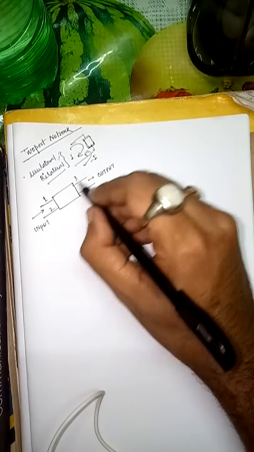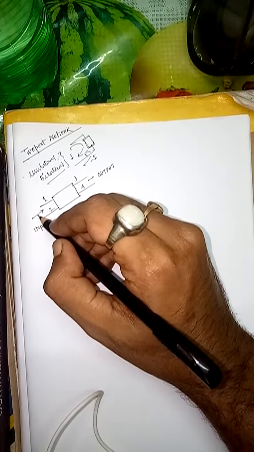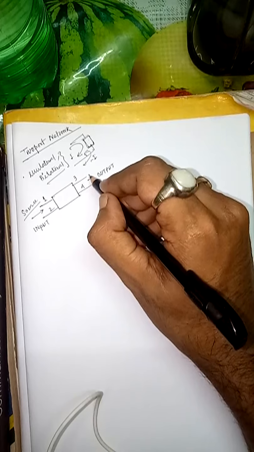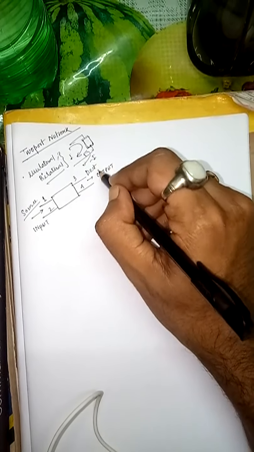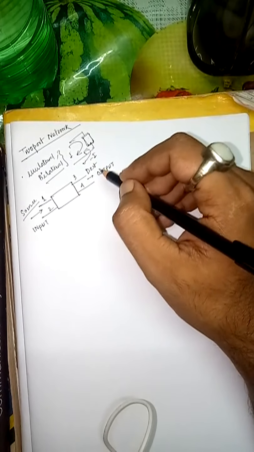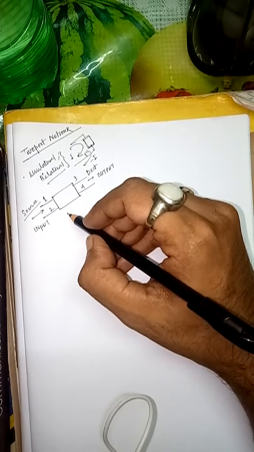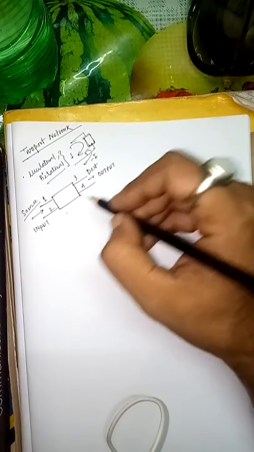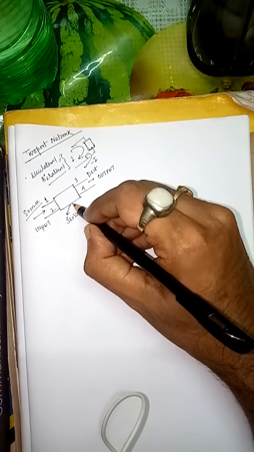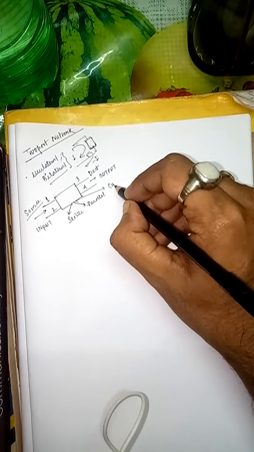If this element is engaged in a particular network, this part is connected to the source and this part is connected to the destination, and the destination can again be used as a source, so they can be connected one after another. Therefore different types of connections are there: one is series, another is parallel, and then cascade.